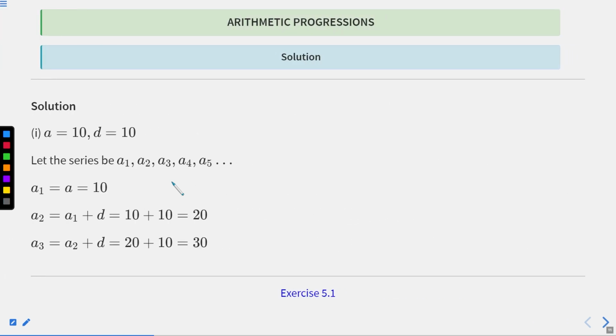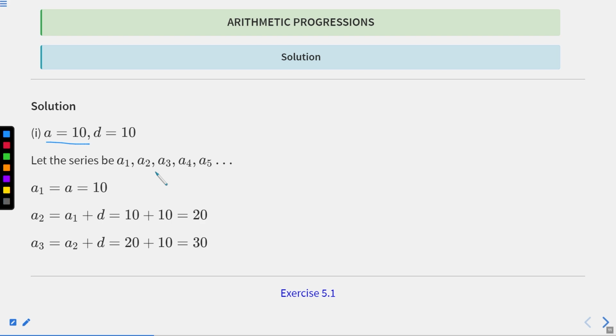So we have given A is 10, D is 10. Let the series be A1, A2, A3, A4, A5, and so on. Here the first term A1 is equal to A, and this is equal to 10. The second term A2 is equal to A1 plus D, and this is equal to 10 plus 10, that is equal to 20, given D is equal to 10.